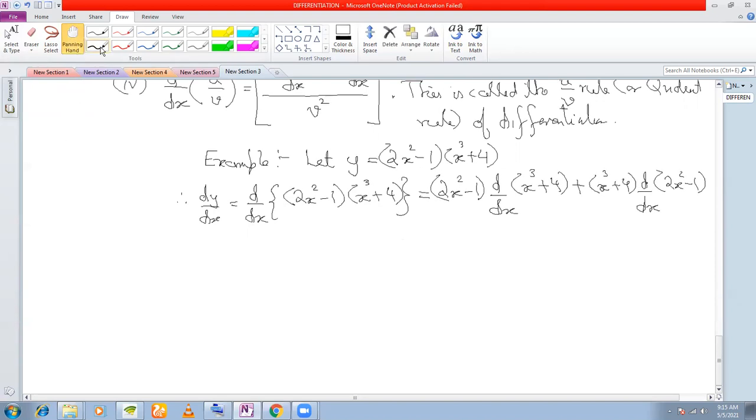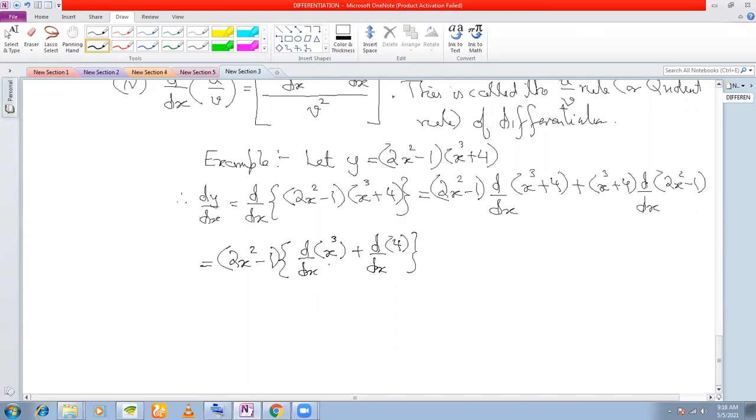Now we differentiate in the usual manner. So 2x square minus 1 and d/dx of x cube plus 4. d/dx of u plus v is equal to du dx plus dv dx. That's what we are using here.